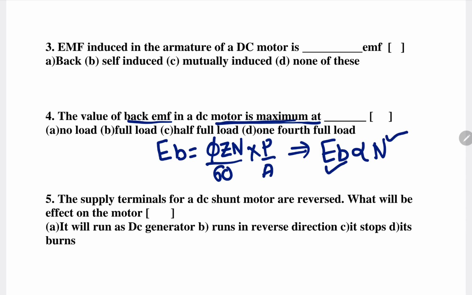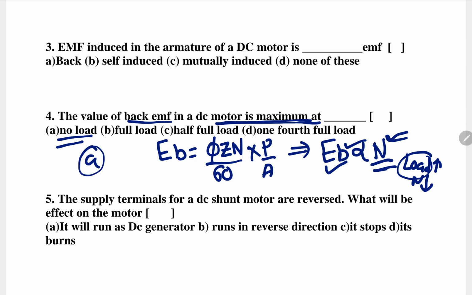As the load increases, speed is going to decrease. So for maximum speed, the load has to be less. That means under no load condition, speed is more, and more speed means more back EMF. So the answer is A. Under no load condition, back EMF in the DC motor is maximum.